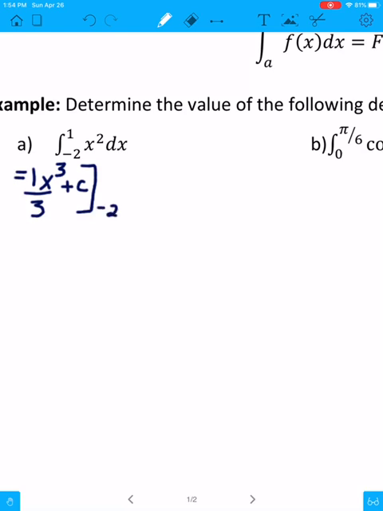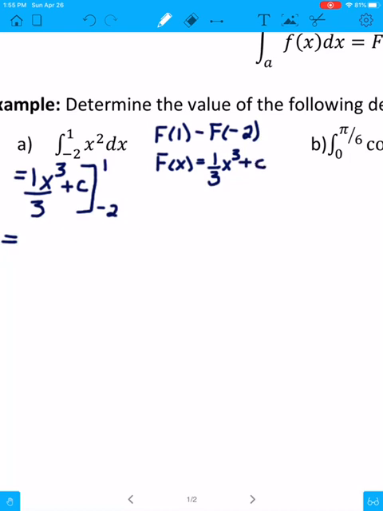So we have to still keep those numbers to know what to put in. So we put a square bracket at the back and we put negative 2 and 1. And now we're going to fill them in. We're technically going to do f of 1 minus f of negative 2, with f of x being the antiderivative, right? So 1/3 x cubed plus c.